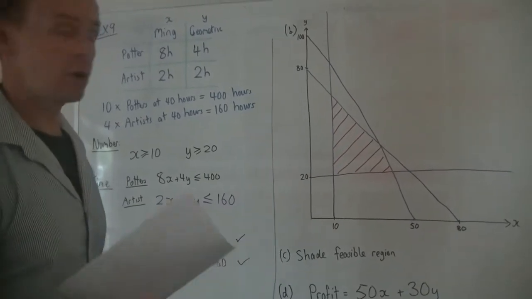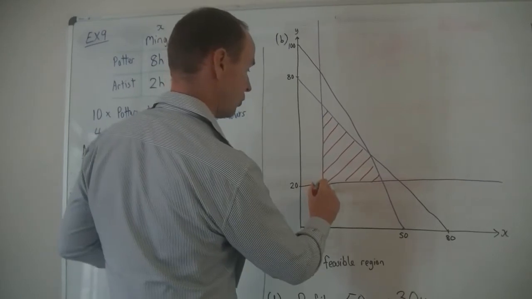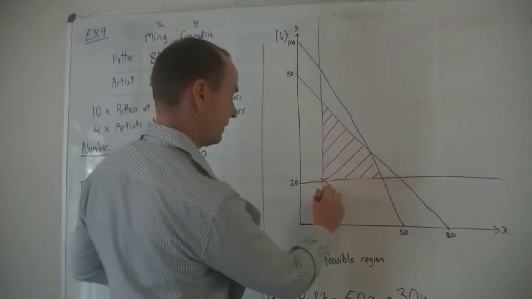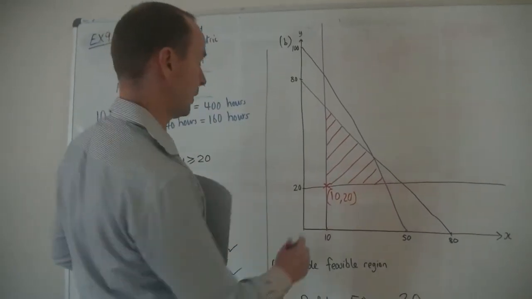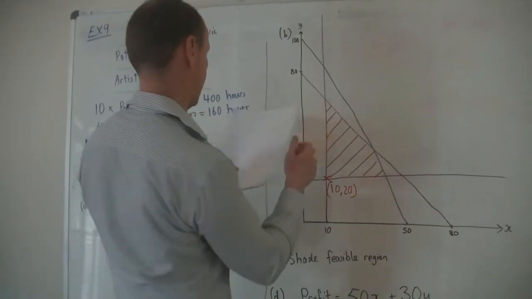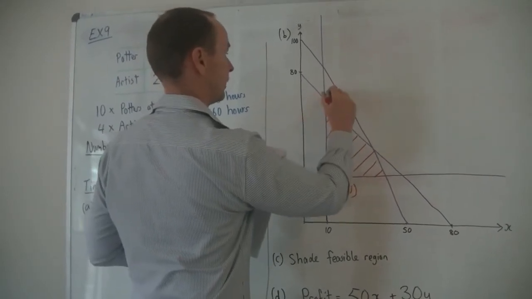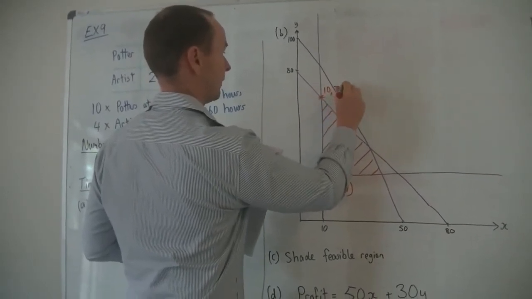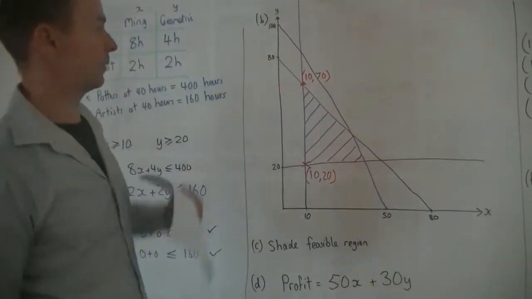Excellent. So what have we forgotten to do? We must always label the corner points. So that one there is (10, 20). So make it nice and clear. There's a point. This one is 10, okay, so this one's (10, 70). Oops, let's write that there. And you can do this manually or on the CAS. Hopefully you know how to work out those.